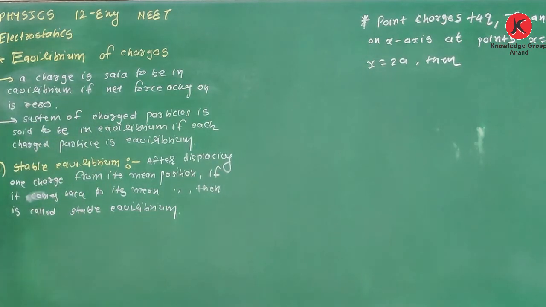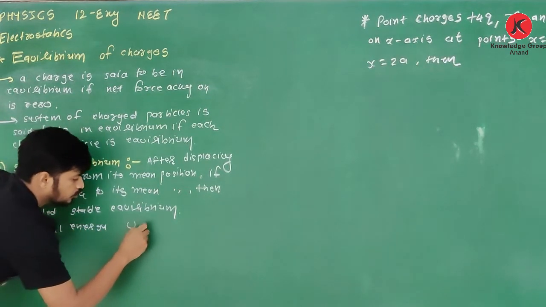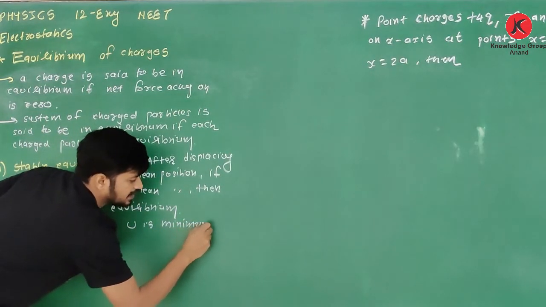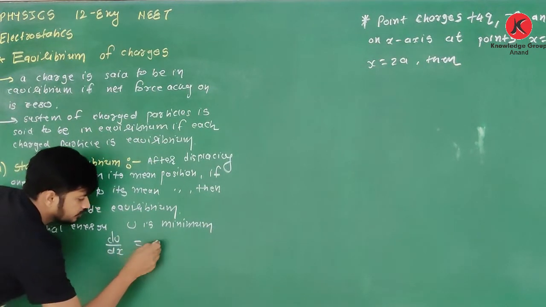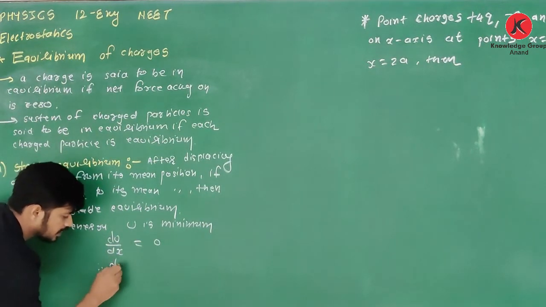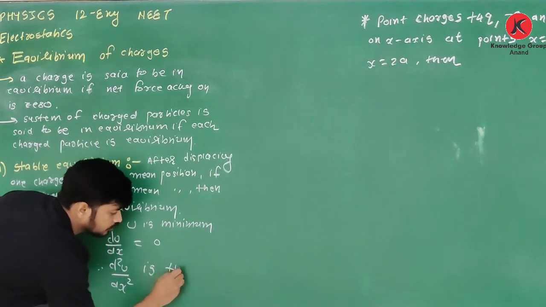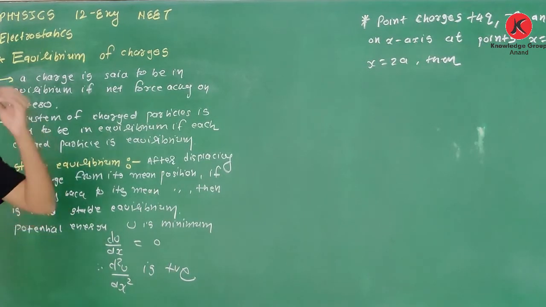In case of stable equilibrium, potential energy U is minimum. And dU upon dx is equal to 0, but d square U upon dx square is positive. Clear? So these points you have to remember.